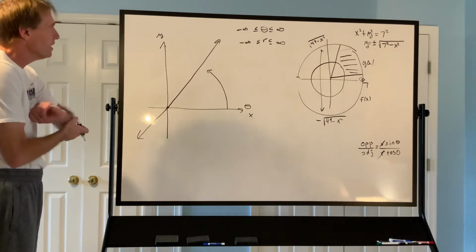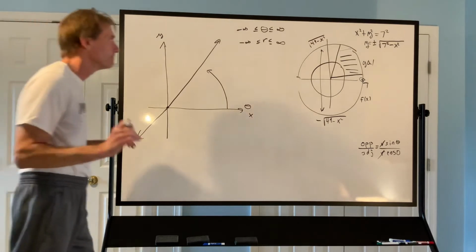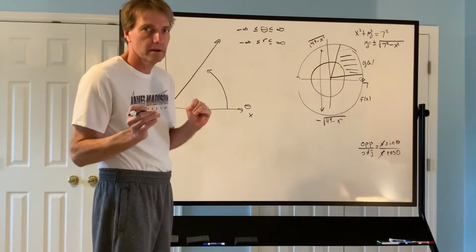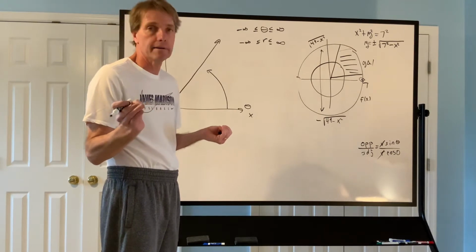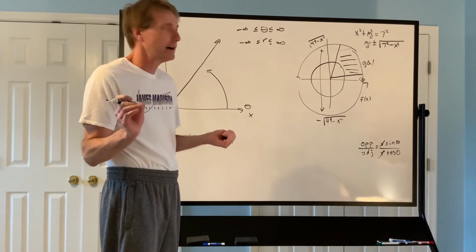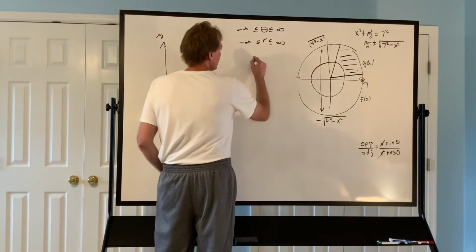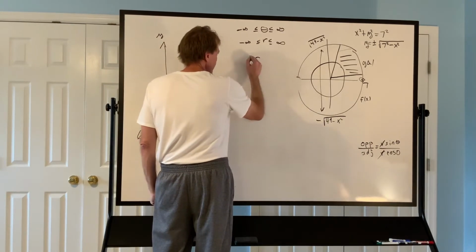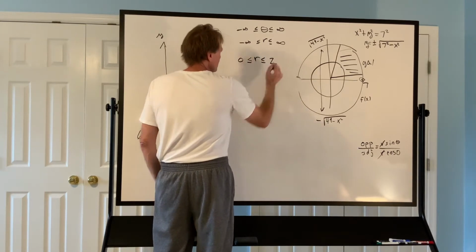Let's imagine now that we're describing a region in polar coordinates, and I want to show you how much simpler it is for circular kinds of things than Cartesian coordinates. For example, I could say let my radial coordinate run between 0 and 2.